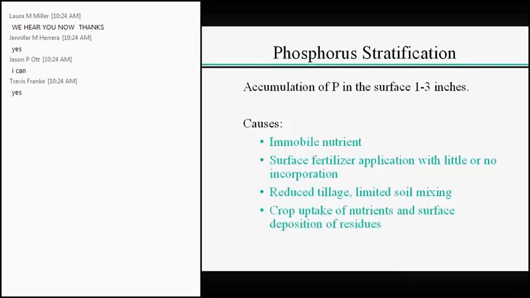Number one, it mixes nutrients such as phosphorus within the soil. The second thing is that many times with no-till land we start to get some compaction, and by tilling the soil a little bit, you break that compaction. Crop uptake of those nutrients and surface deposition of the residues plays another role. All that serves to keep the nutrient, especially phosphorus, right at the surface.